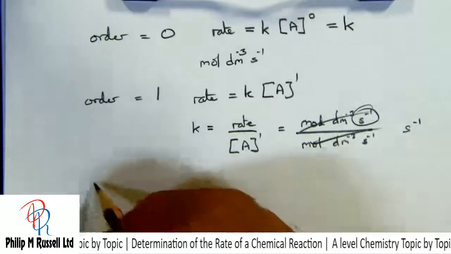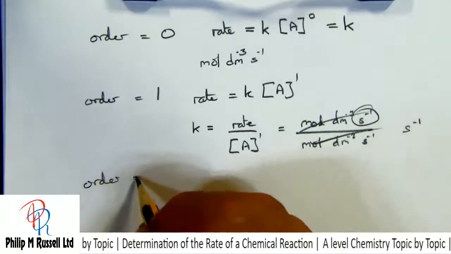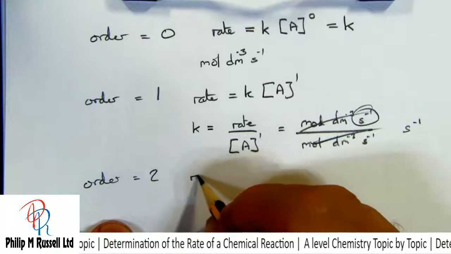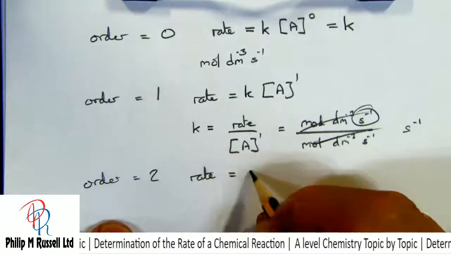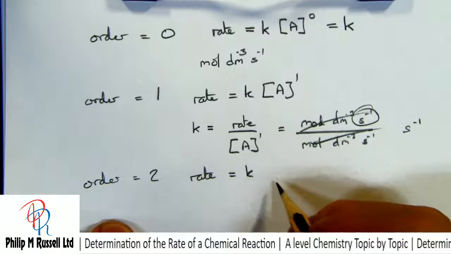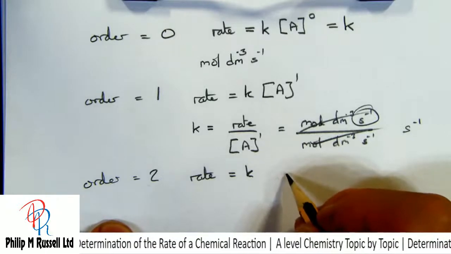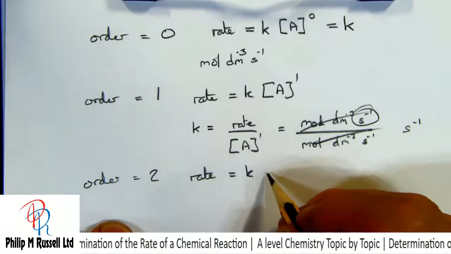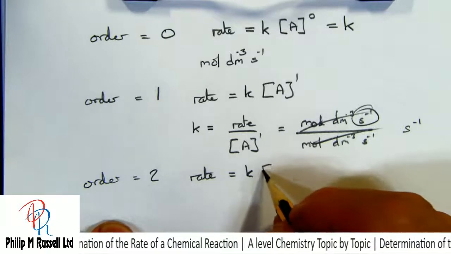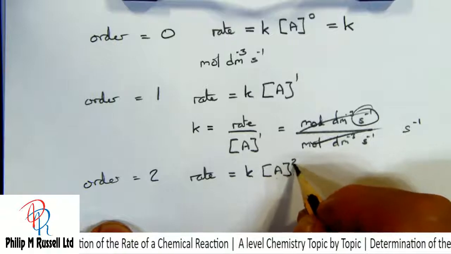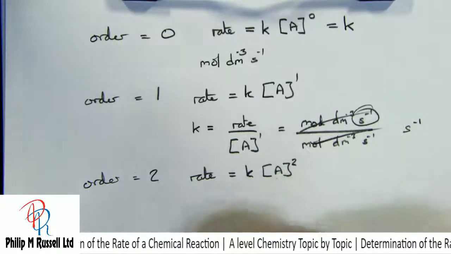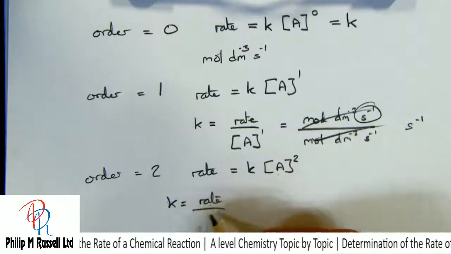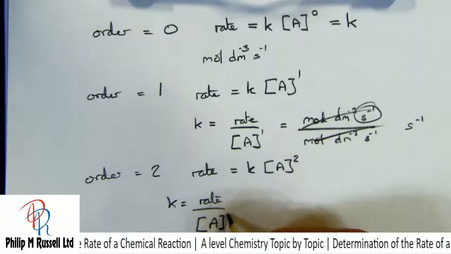And if I have an order of 2, then my rate here is proportional to, equals K times this one squared. So K is going to equal the rate over A squared.